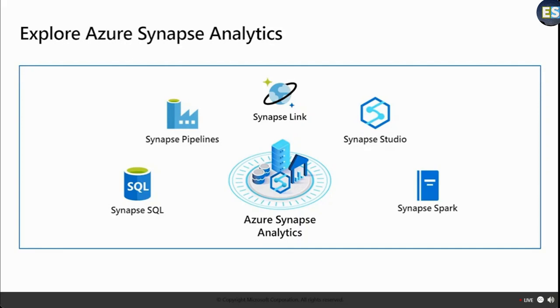And Azure Synapse Studio is a web user interface that enables data engineers to access all these Synapse analytics tools. You can use Synapse Studio to create your Spark or SQL pools, to define and run your Synapse pipelines, or to configure links to some of your external data sources.